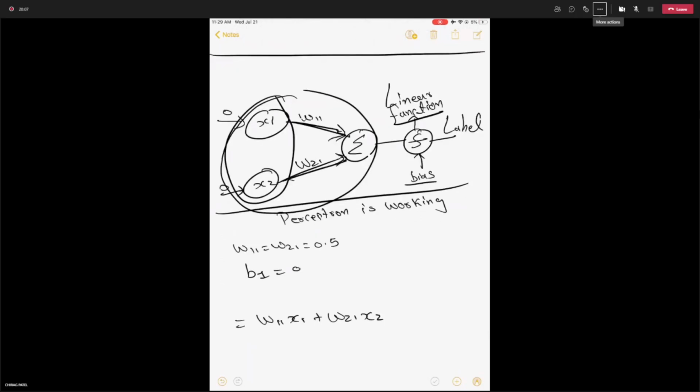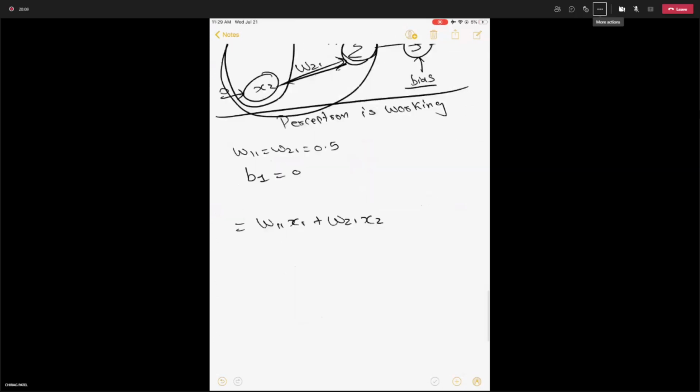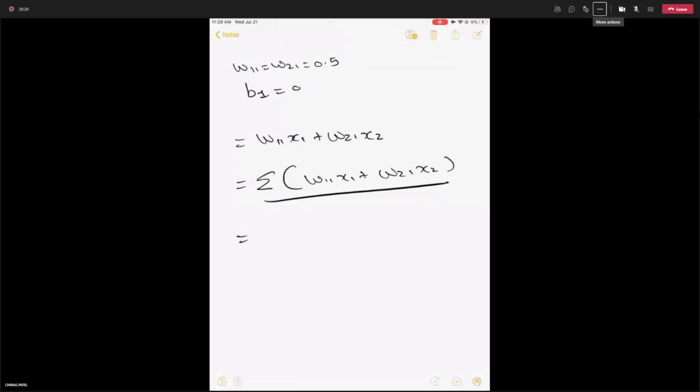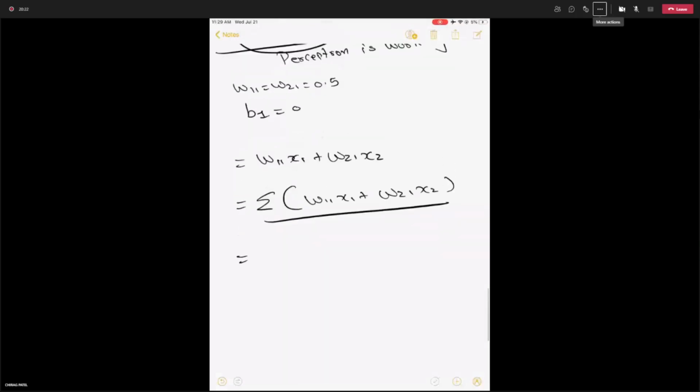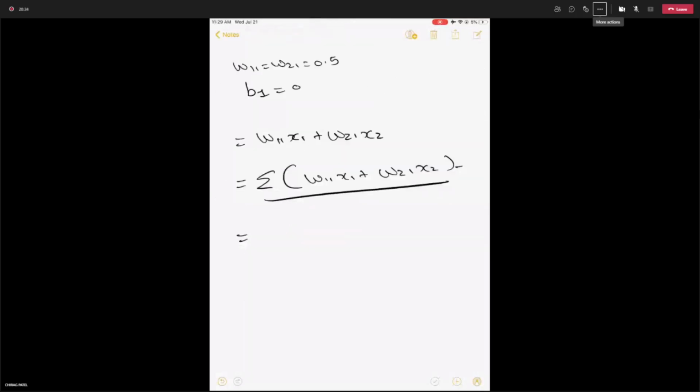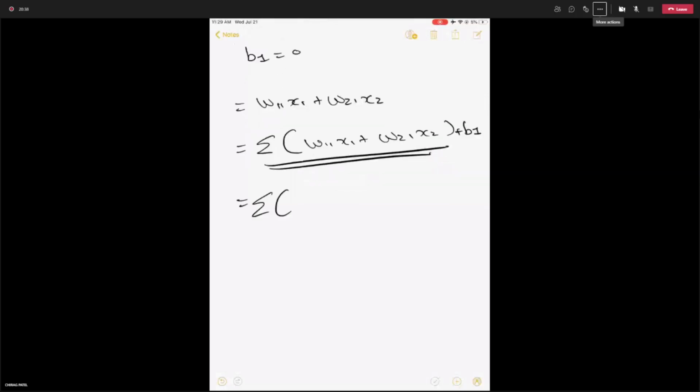Both of these go to the summation function, so we write the summation of w11 x1 plus w21 x2. Now we need to substitute the values, and then give the result to the transfer function. Here we need to add b1. It is out of the box, so please understand this.